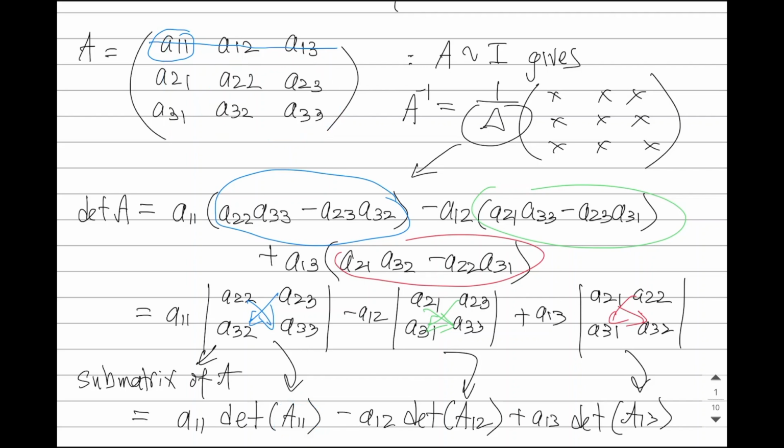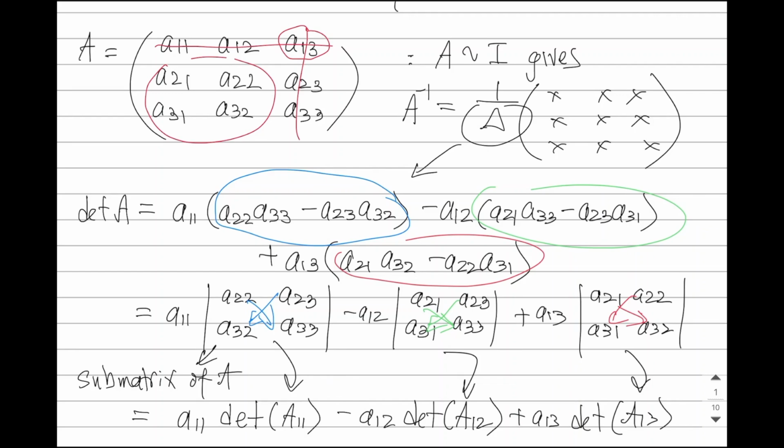Now, at the same time, the second submatrix, the one in green, I took from taking that entry A12, crossing out the row it lives in, crossing out the column it lives in, and then the remaining submatrix are the remaining entries here, A21, A23, A31, A33. And finally, this one in red, I take the entry, I cross out the row it's in, the column it's in, and then the remaining submatrix is there.